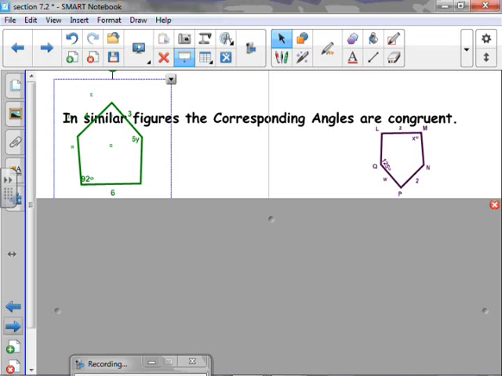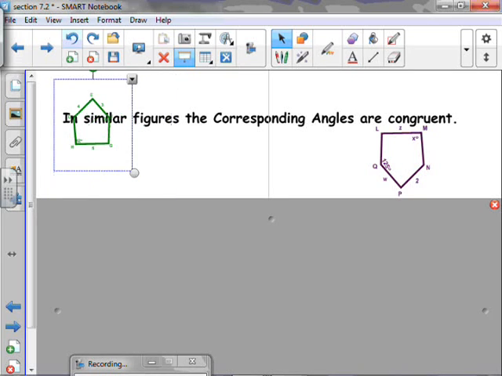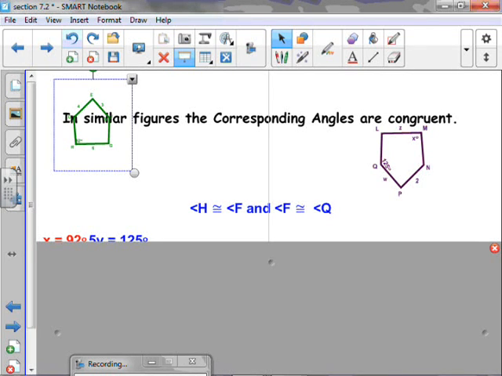I know that 92 and M, so that was H. H and M are corresponding to each other, the angles. So I know that those must be the same, because in similar figures, angles have to be congruent to each other.